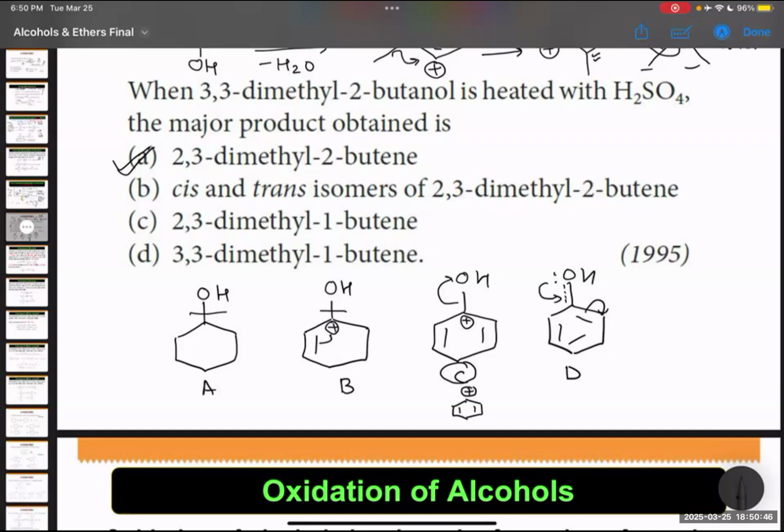So if I ask you the rate of dehydration of these alcohols, dehydration happens most easily for C, then B, then A, and then D. D will not undergo dehydration because it is phenol, the OH will not come out. I hope this is clear to everybody, right?